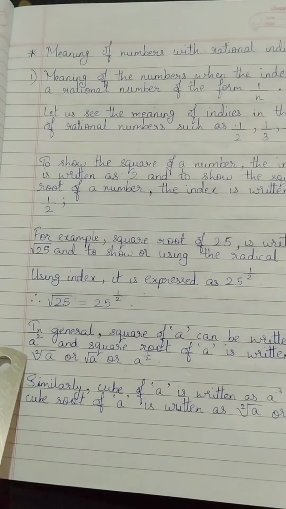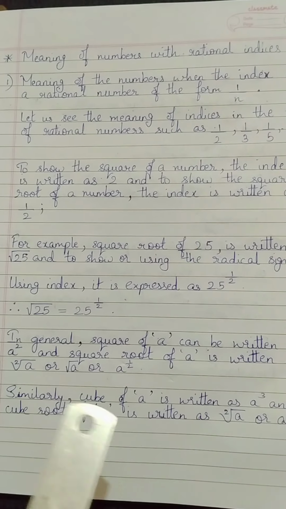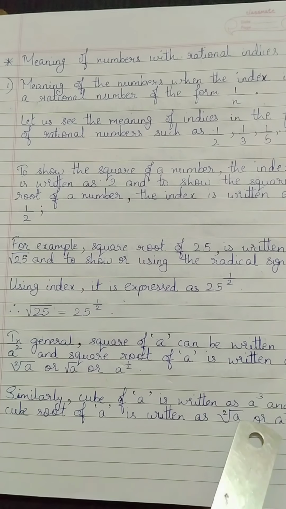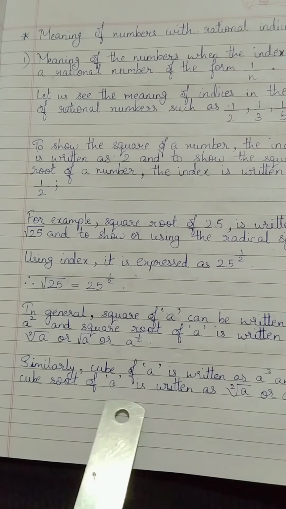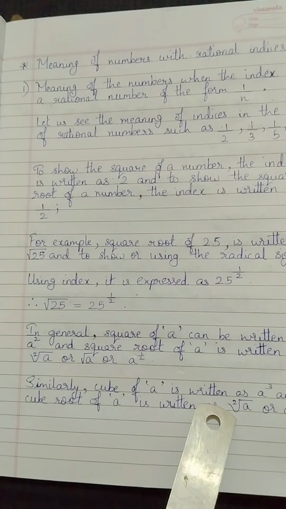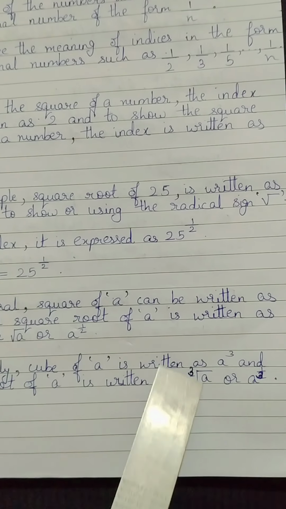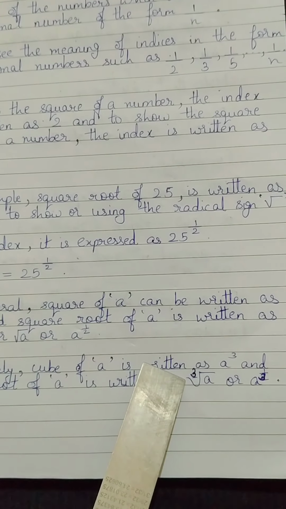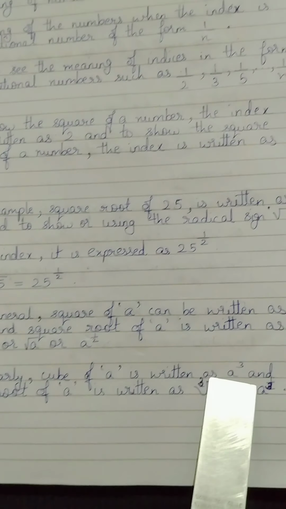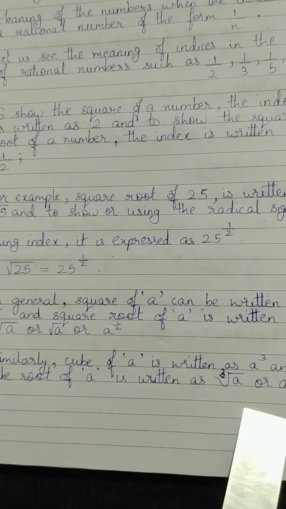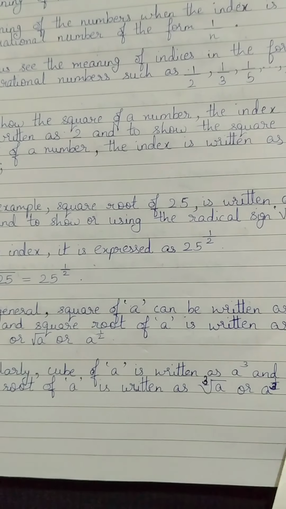Similarly, the cube of a is written as a cubed, a raised to 3, and the cube root of a is written as cube root a, where we have to show 3, or in rational form, a raised to 1 upon 3.